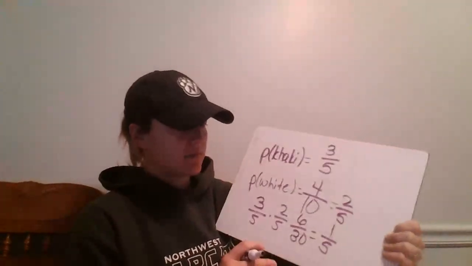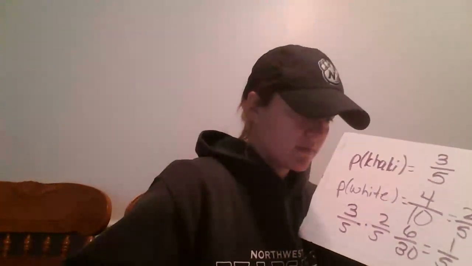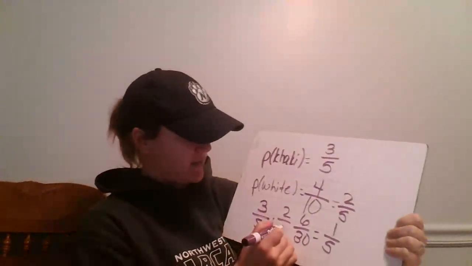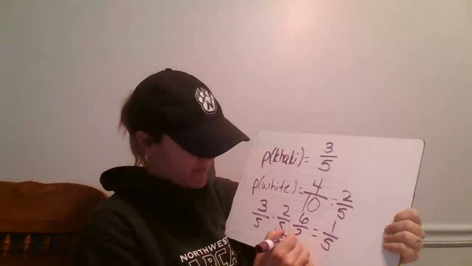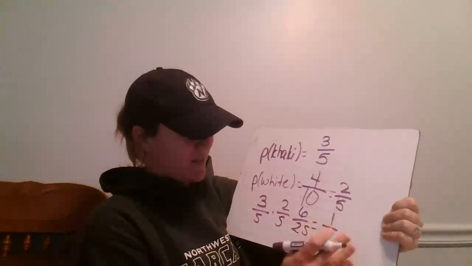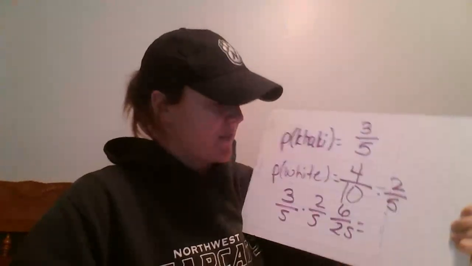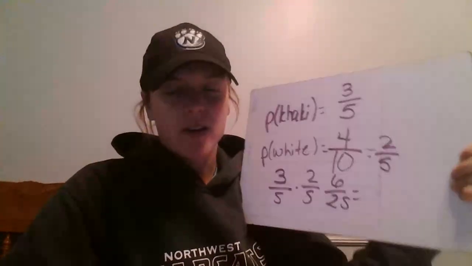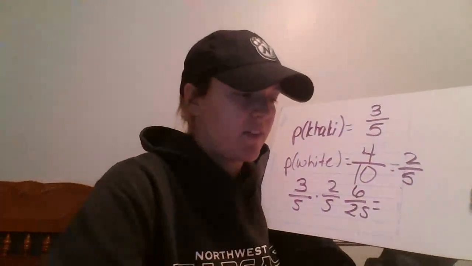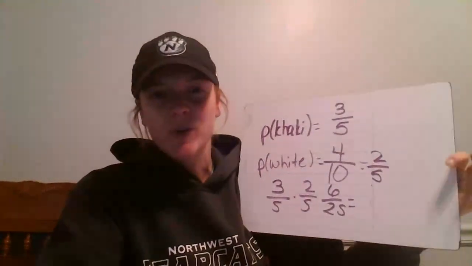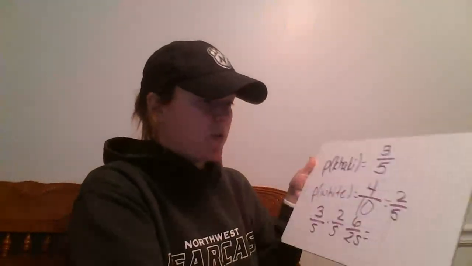That's wrong. Oh, sorry, that's 25, not 30. So the answer is going to be 6 over 25. Sorry, that is my fault. So 5 times 5 is 25. So the probability of getting a khaki and a white shirt is going to be 6 over 25.